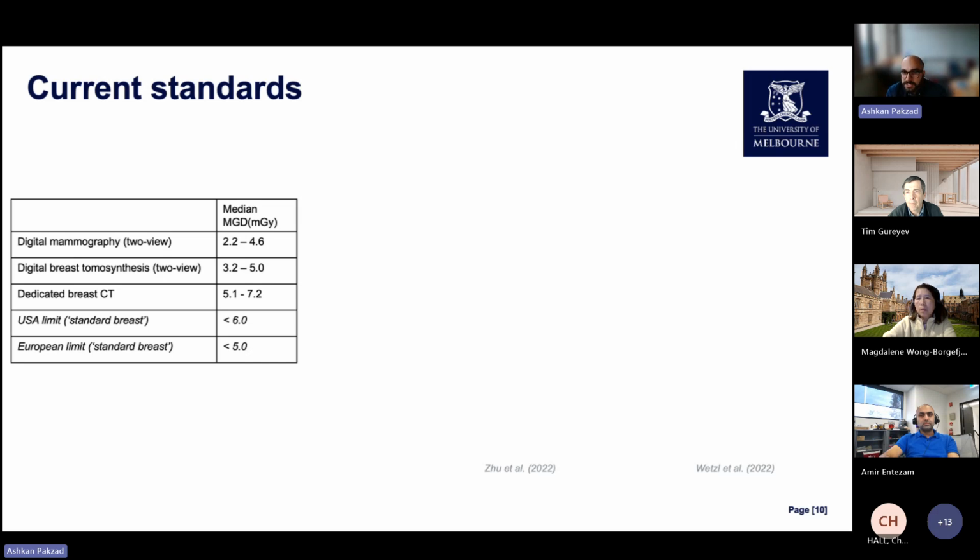Here the range of the medians is reported for the most recent studies in dose delivery. In digital mammography we go down to as low as 2.2, in digital breast tomosynthesis as low as 3.2, and the latest BCT scanners as low as 5.1 milligray.